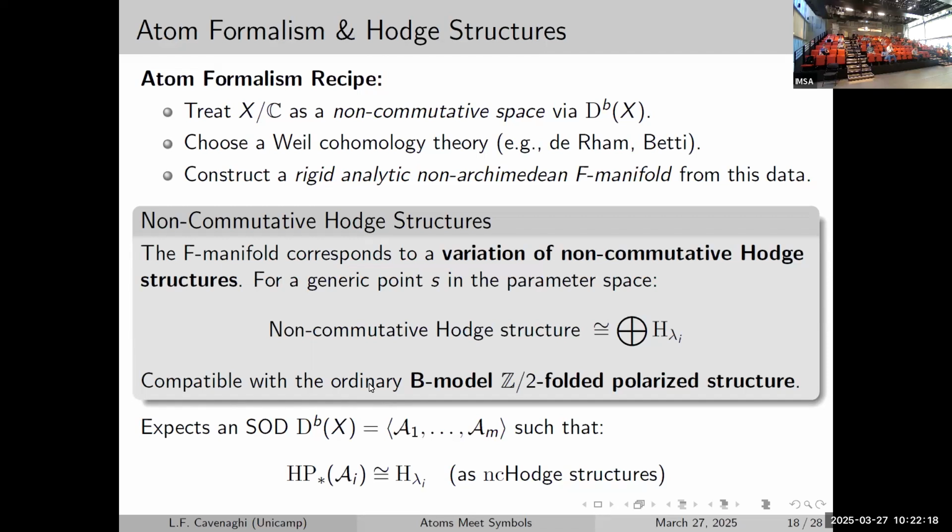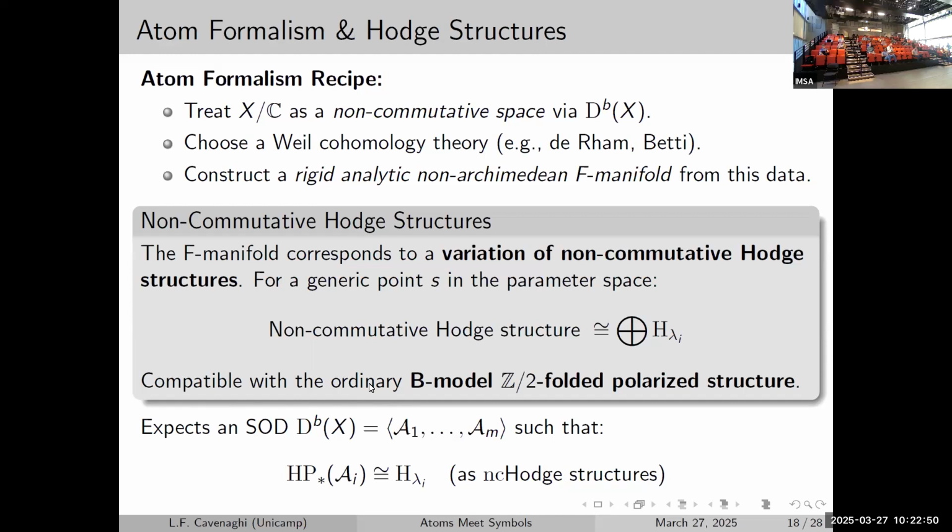But the expectation is that there is some decomposition for the derived category of X, such that when you take this periodic homology, this shall correspond as non-commutative structures to these atomic pieces, meaning the ones that I computed in that example. So that's why in that statement I have perfect complexes, because we are looking at these categories instead of doing all this computation in practice.